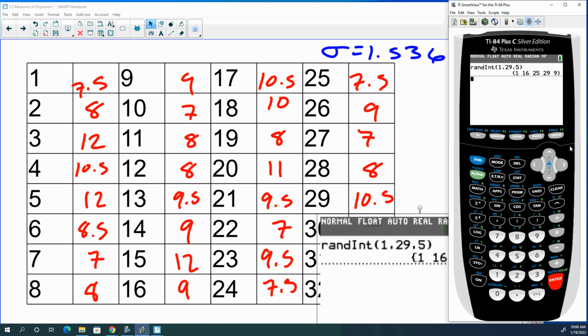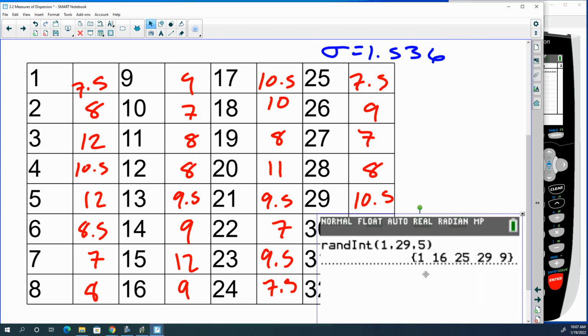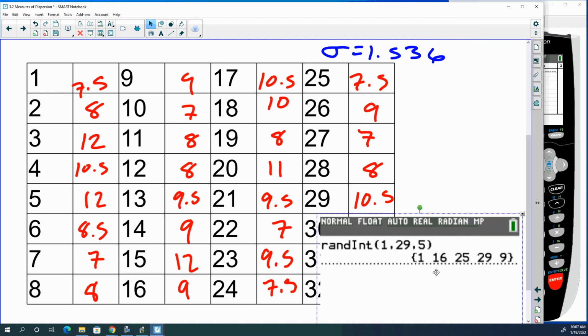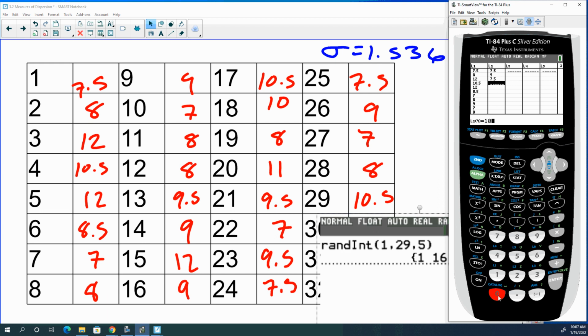So then if I wanted to do another one, I could go Stat, Edit, and now under list 2, I could enter the data for student 1, which was 7.5. Student 16 was 9. The shoe size for student 25 was 7.5. Student 29 was 10.5.